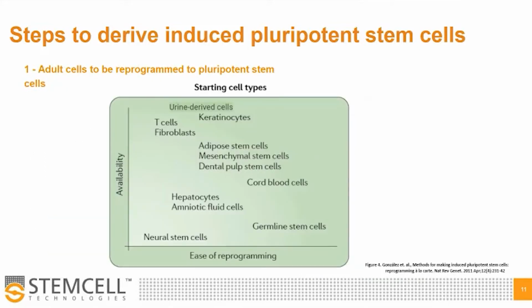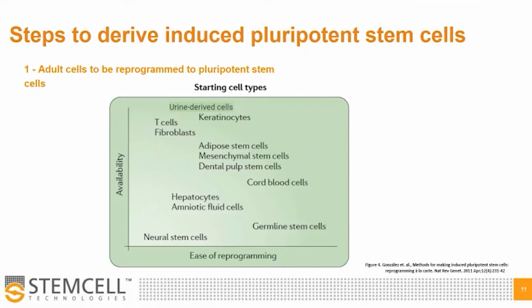The following figure from Gonzalez and colleagues in 2011 describes two criteria for choosing a specific starting cell type for reprogramming: availability and ease of reprogramming. Availability refers to how easily the cells can be obtained without using invasive procedures. Ease of reprogramming was determined by reprogramming efficiency and/or a decrease in factor requirement.